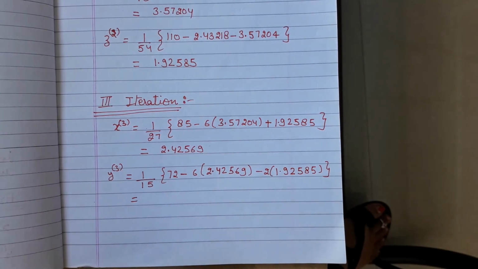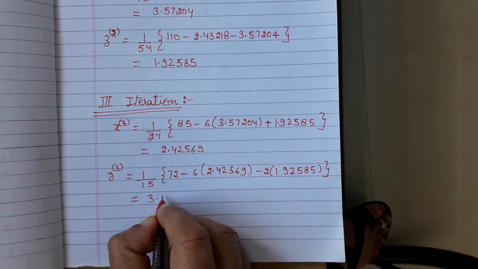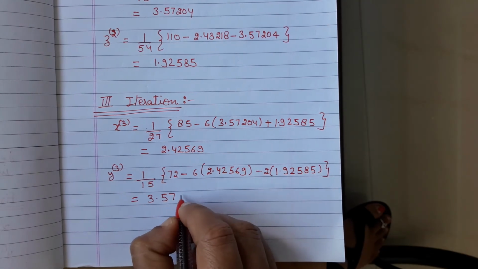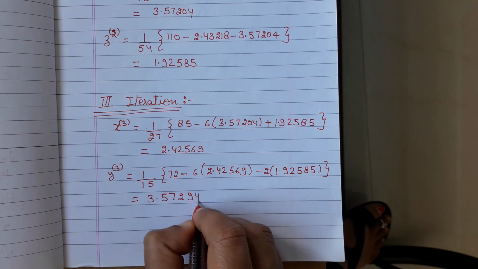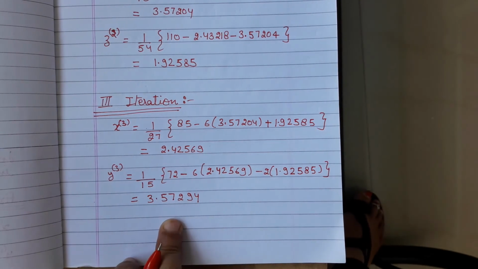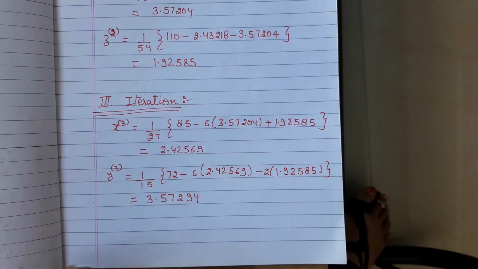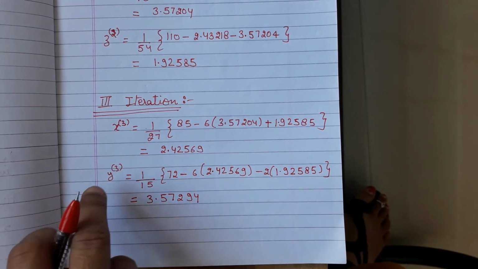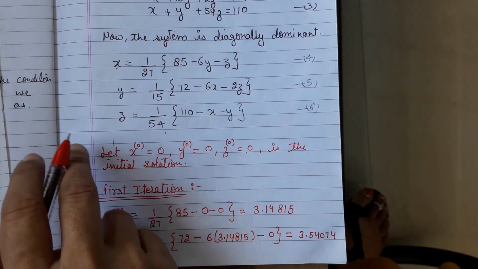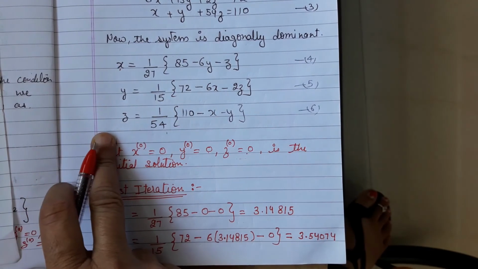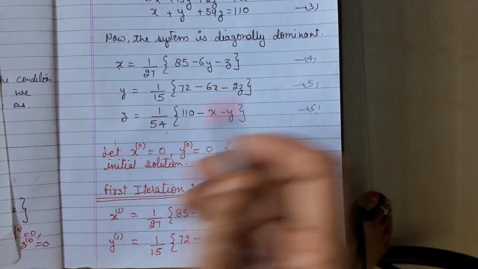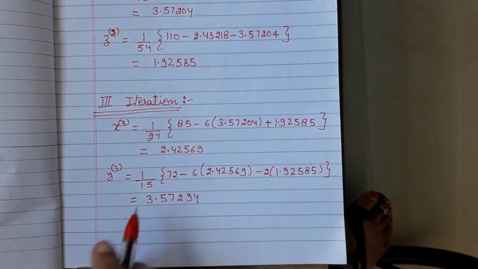Simplify this and the value of y is 3.57294. This you need to calculate and verify. Just don't watch the video. I have told you where I am substituting. Every time I am substituting values here, and which values am I substituting? The immediate previous one. So that is how we are getting it.